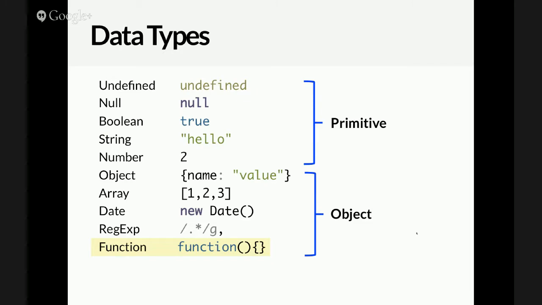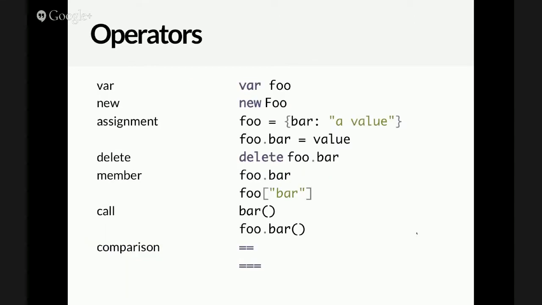How those atoms can be rearranged is the operators, right? So JavaScript also has operators. This is the physics or the chemistry that allows you to rearrange your data types into your application. Running through this, there's the var keyword, which creates essentially a pointer, which is in some ways like a data type itself.